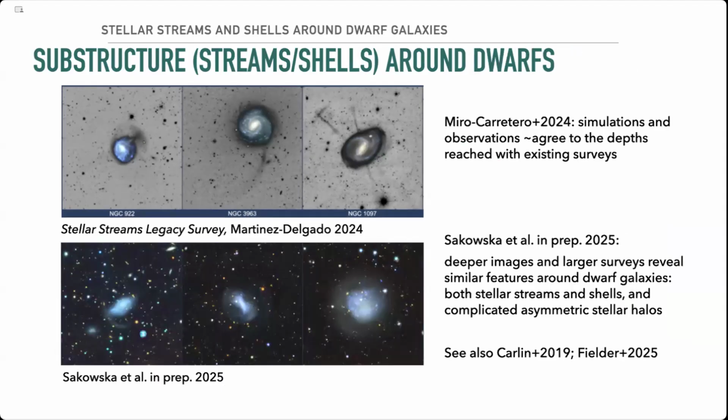But with deeper and larger surveys, we're starting to find more and more features around dwarf galaxies. And I wanted to highlight this work that's expected to come out in the coming month from Joanna Sakowska, who has been looking at structures around dwarf galaxies. So please keep an eye out for that.